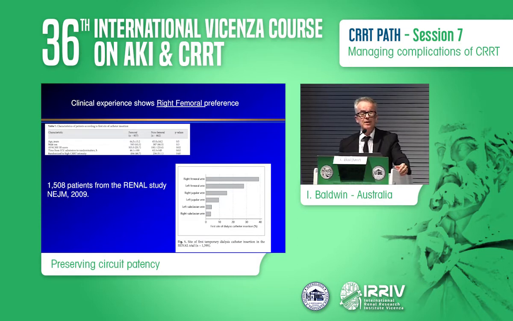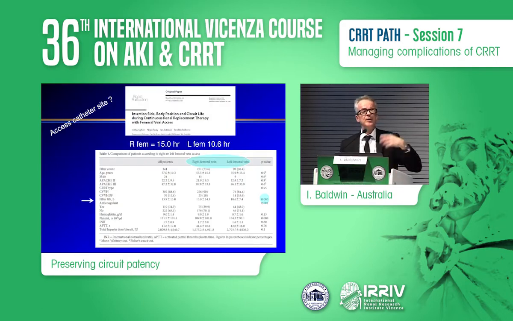And certainly when you look at a large study where you can get data just to see what was happening, this is the RENAL study, which was the Australian dose trial published in the New England Journal, over 1,500 patients. It was the right femoral vein which was used the most, probably just because of the convenience of it, and as I've said, the way it works where other lines may already be in place.